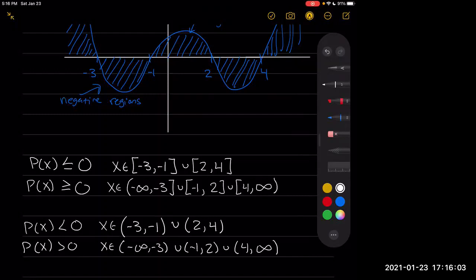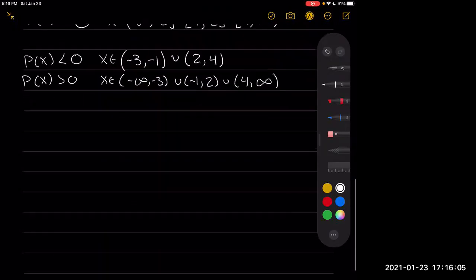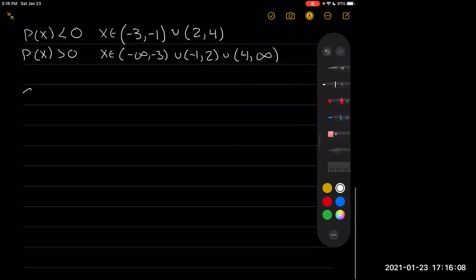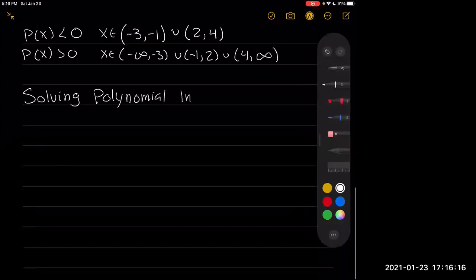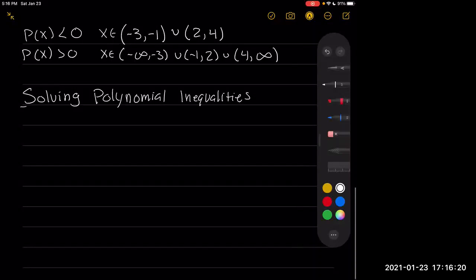Okay, so now we can move on to solving polynomial inequalities. So here we're going to define a couple of steps that'll help us learn how to solve these.